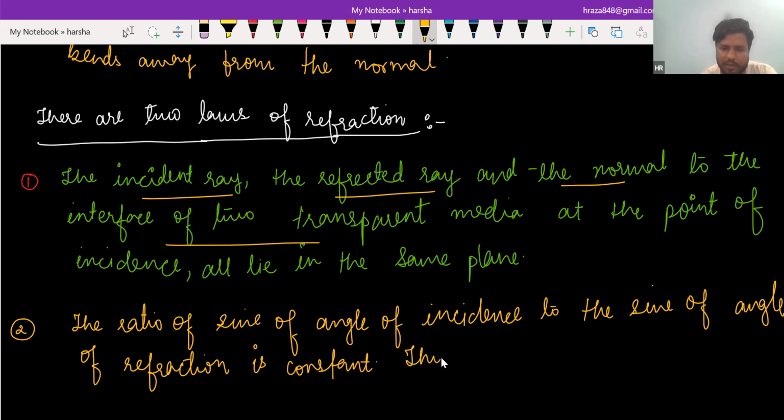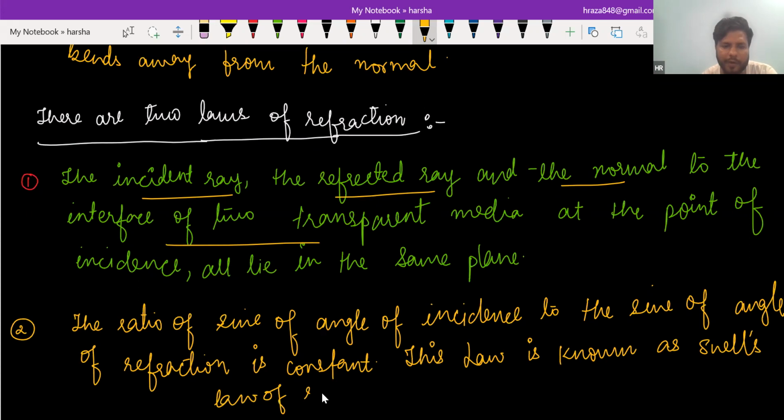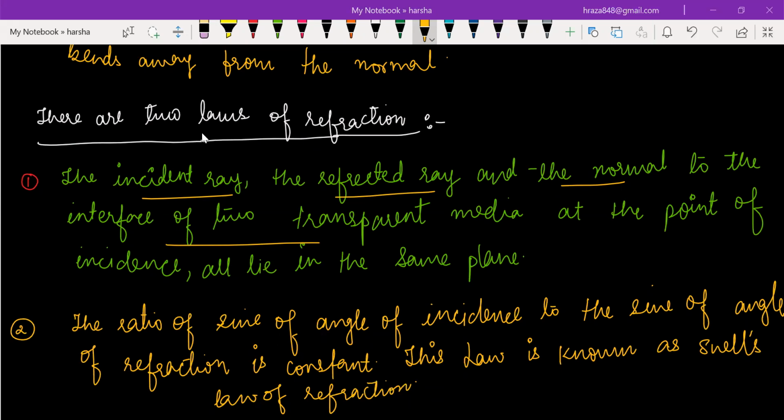This law is known as Snell's law of refraction. So please write it and let me know, Hamna, if you are done with this. Then I'll explain.